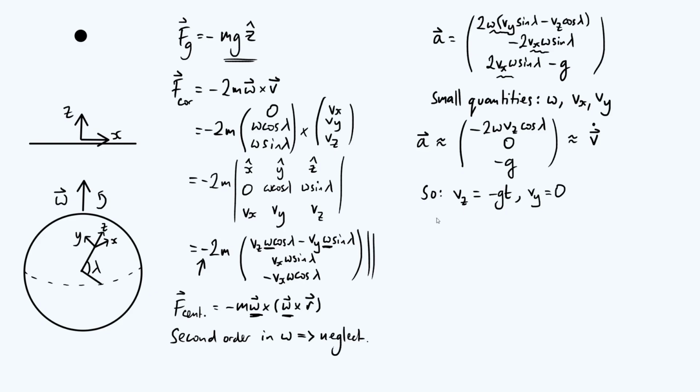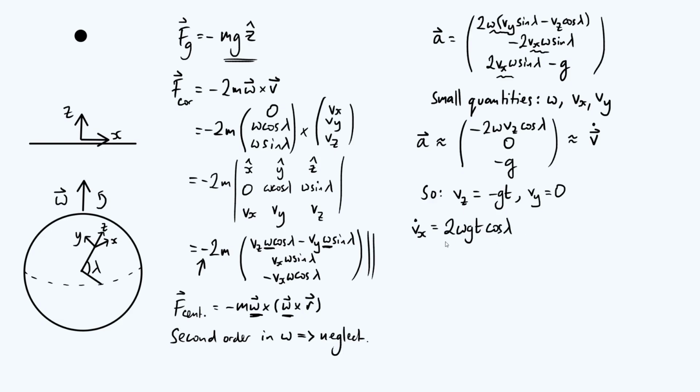What about the x component of v? Well, for the x component, we know the time derivative of that, Vx dot, is this stuff up here, right? Minus 2 omega Vz cos lambda. But now we know Vz in terms of t. We know that was minus gt. So we could take that and substitute it into our expression for the acceleration vector. And what happens when you do that is the minus sign disappears, and you are going to get 2 omega gt cos lambda, right?